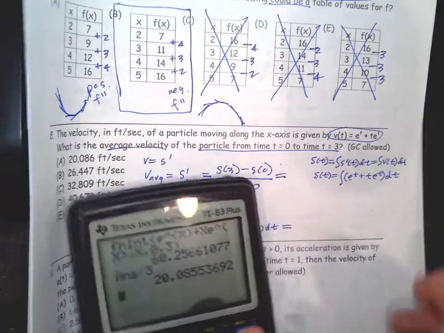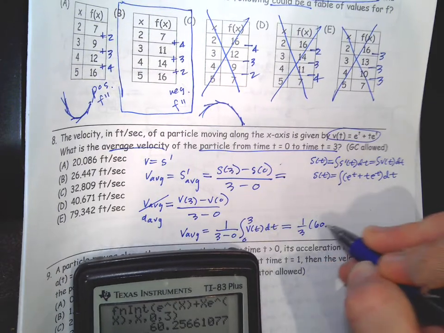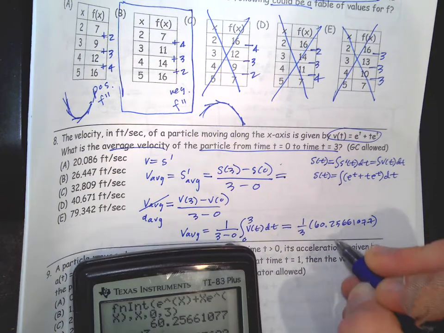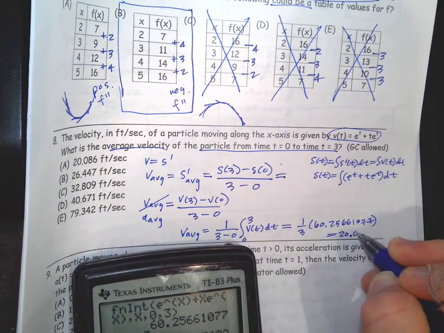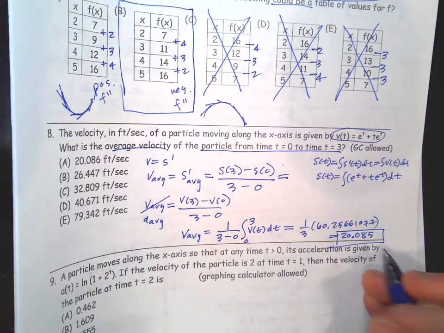That would give you the answer. So this would be 1/3 of 60.25661077, which gives you 20.085. That's our answer, or 20.086.